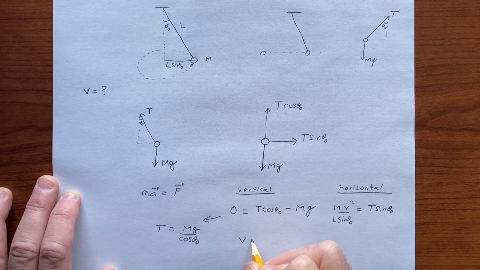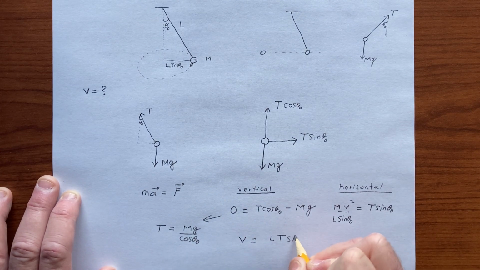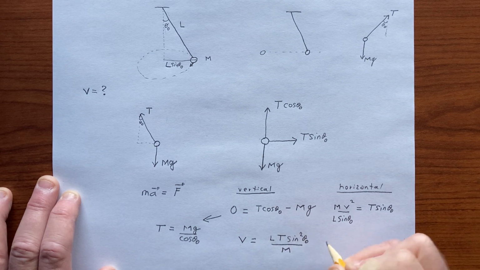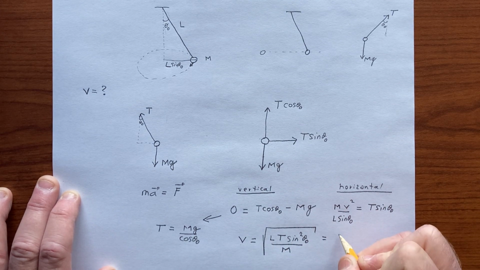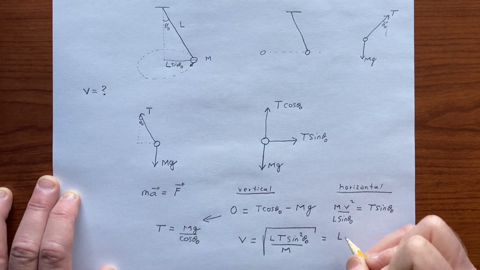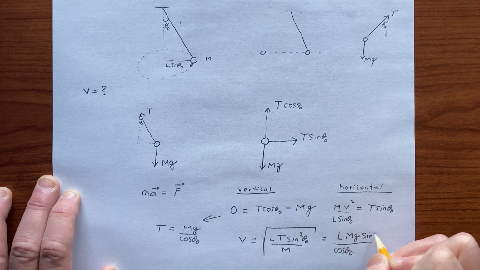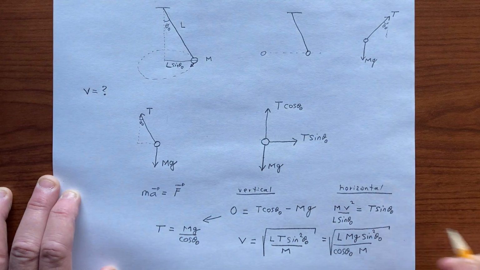So v is equal to the square root of L times T sine squared theta naught divided by the mass, because this is v squared. And so that is L, T is mg over the cosine of theta naught. Then we have sine squared theta naught over m, square root, which we can simplify.